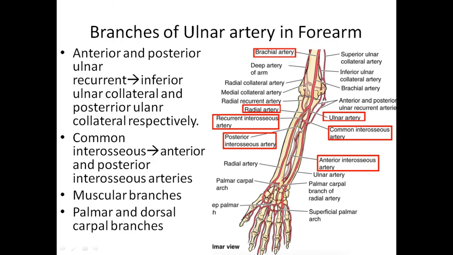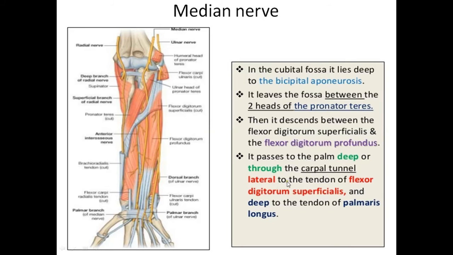The posterior interosseous passes behind the interosseous membrane and supplies the posterior compartment, while the anterior interosseous passes through the gap between the flexor digitorum profundus and the flexor pollicis longus, and runs on the deeper muscles and on the interosseous membrane. It gives branches and takes part in anastomosis around the wrist joint, which is called the palmar carpal anastomosis. It gives muscular branches, palmar and dorsal carpal branches.